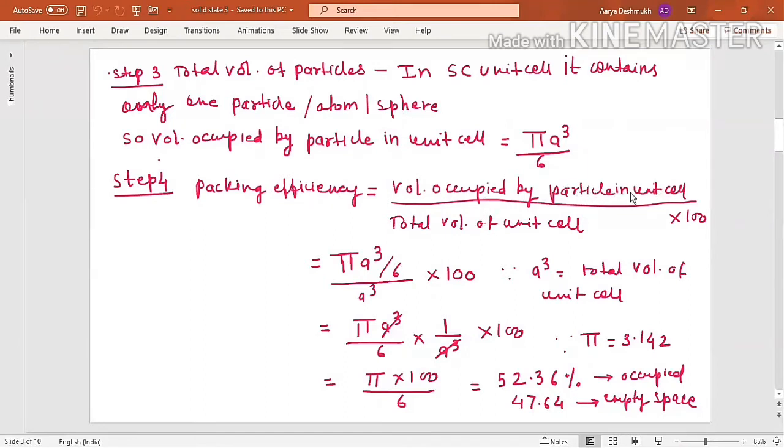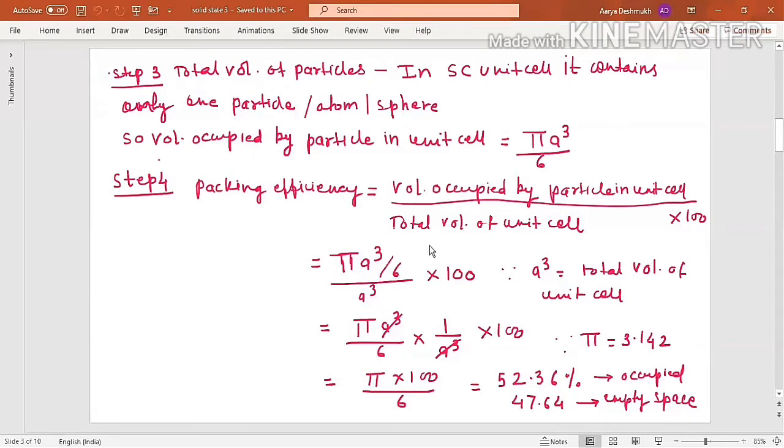Since we are considering a simple cubic unit cell, it contains only one particle, so this remains as it is, pi a cube upon 6. And what is this a cube at the denominator? This is the total volume of the unit cell, length into breadth into height. If the edge length is a, it would be the cube of this, denoted by a cube. So pi a cube upon 6 divided by a cube.